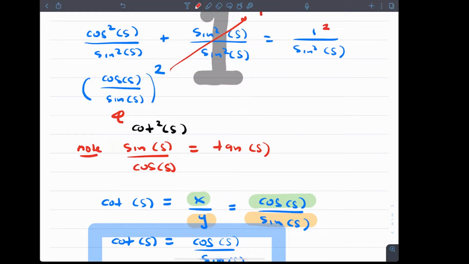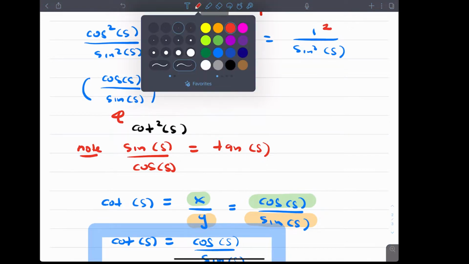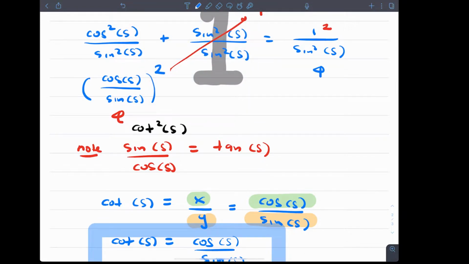Over here on the right side, can I put a 1 squared there? Right? And you go, what is this? Same algebra. 1 over the reciprocal of sine. What's the reciprocal of sine? Do you guys remember? It's cosecant. So it'll be cosecant s. And again, that's squared, which means this is cosecant squared s.